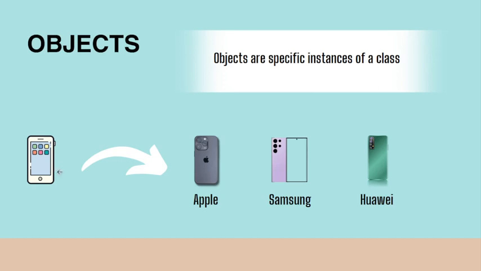So a specific instance of it could be an Apple phone. So a mobile phone is the template or the blueprint. Apple phone is the object. Samsung phone is another object. Huawei phone is another object which was created using this template.